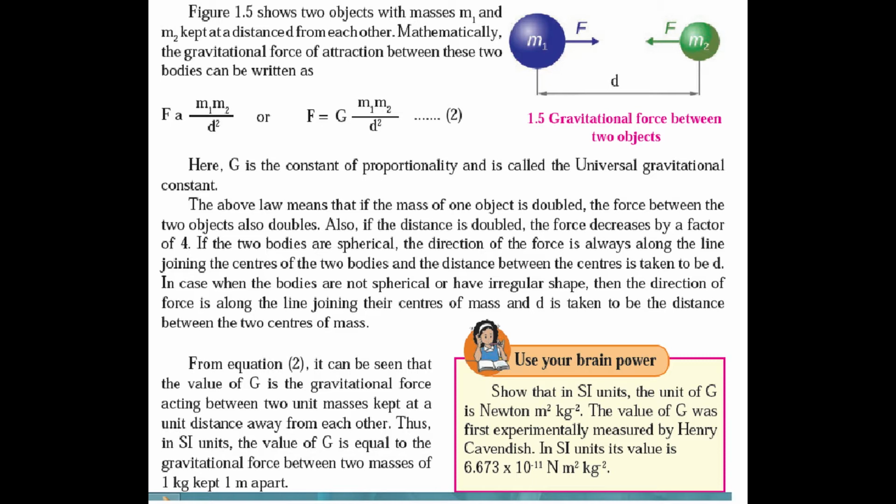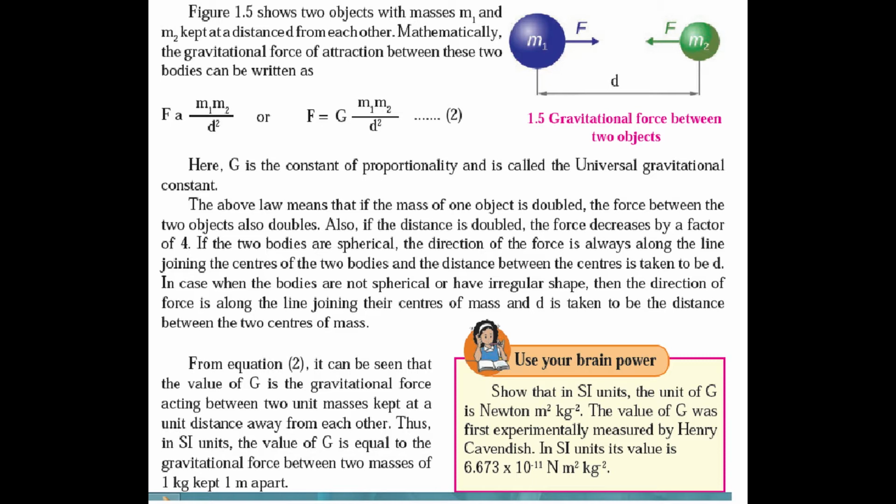Thus, in SI units, the value of G will equal the gravitational force between two masses of 1 kilogram kept 1 meter apart. So there's a brain teaser here. It asks us to show that in SI units, the unit of G is Newton meter square per kilogram square.